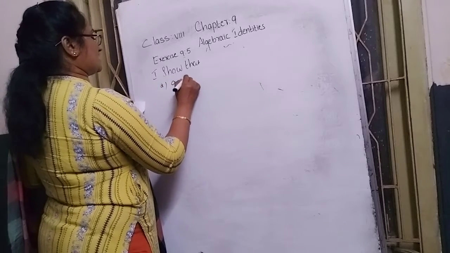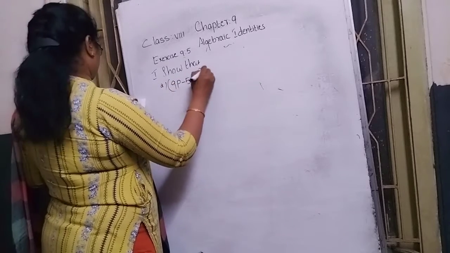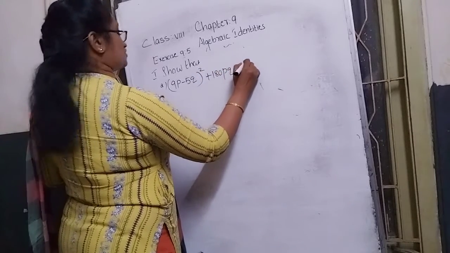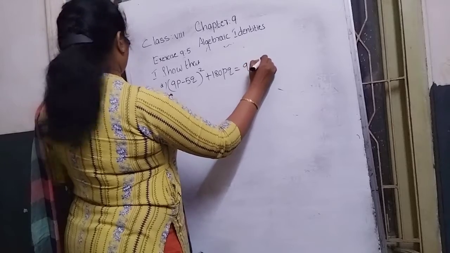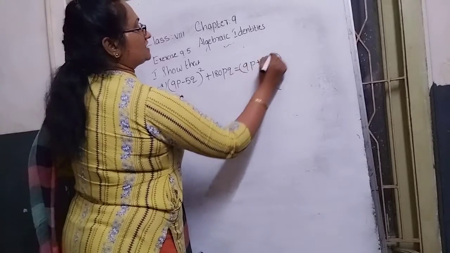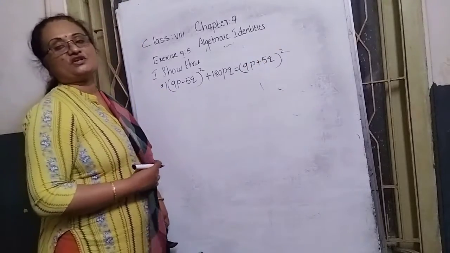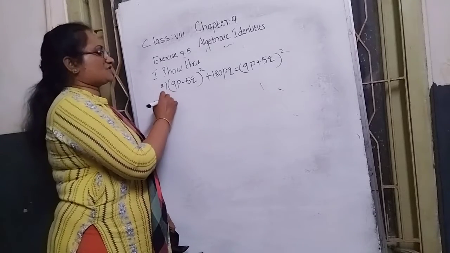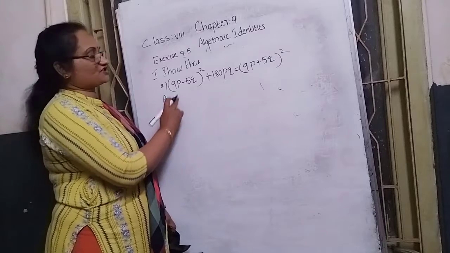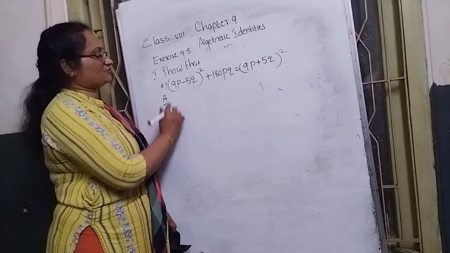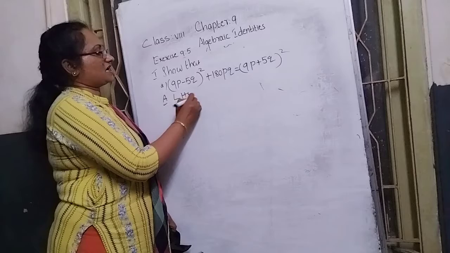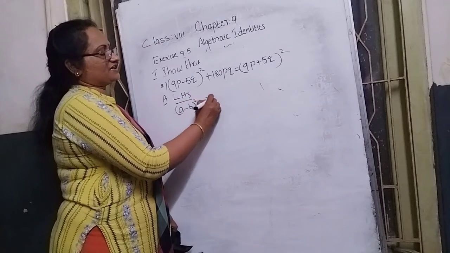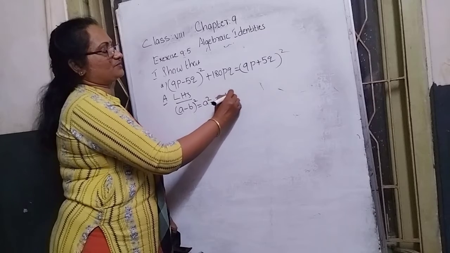(9p minus 5q) the whole square plus 180pq is equal to (9p plus 5q) the whole square. This also is verification: do left and right become the same or not? First bracket, check in which form on the LHS side: (a minus b) the whole square form. The expansion is a square minus 2ab plus b square.